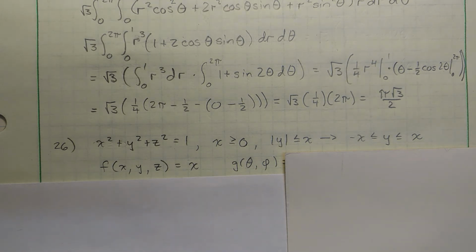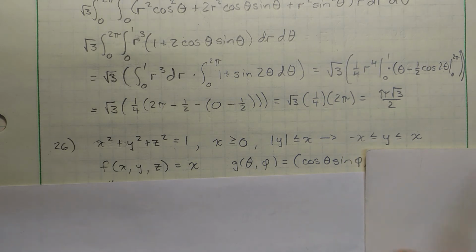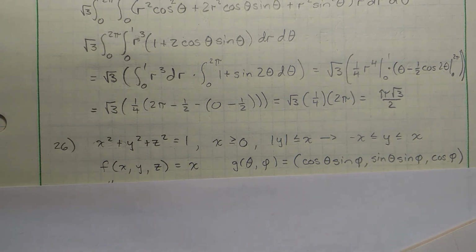So we know that what's going to produce this unit sphere is our r will be 1. So the nice thing is it's going to be 1 times cosine of theta sine of phi. Our y component is going to be sine of theta sine of phi. And then our z component is going to be cosine of phi. And our radius on each one of those is 1.